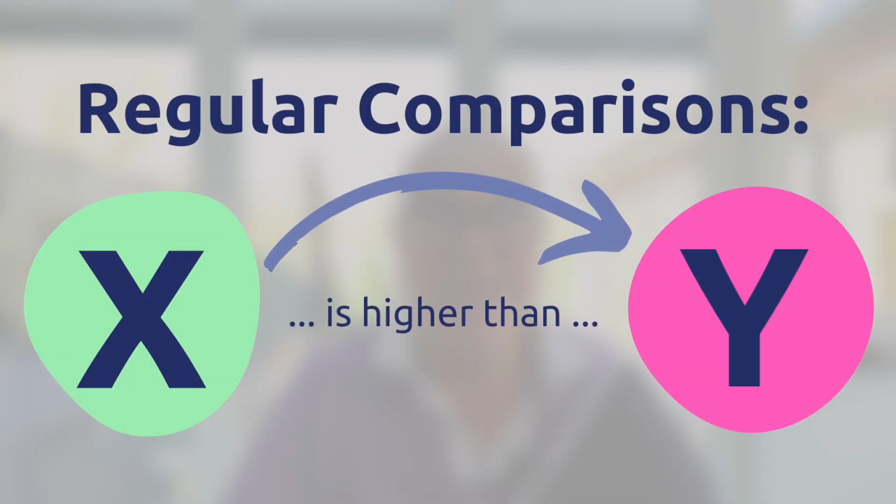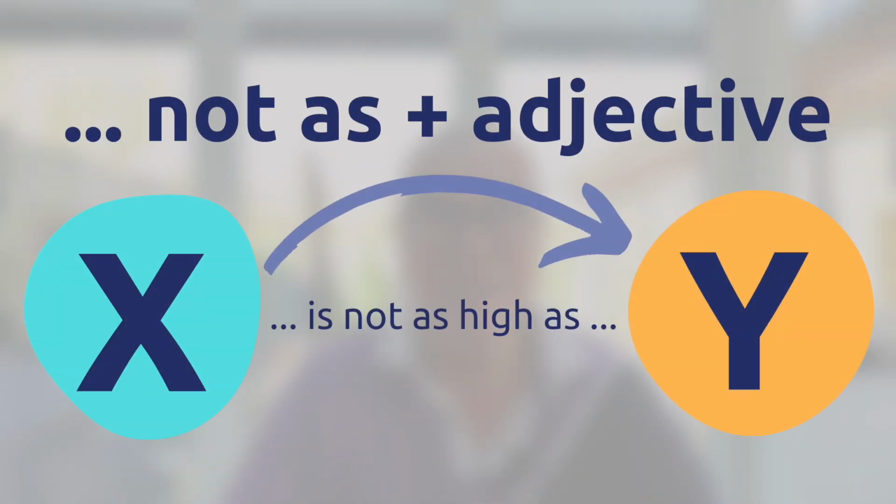There are 3 different ways to make comparisons that I would suggest. The first one is regular comparisons, where we have X is higher than Y. The second way is to use not as plus an adjective. So X is not as high as Y. And then another way to make comparisons is to use verbs that mean to be bigger than or smaller than.